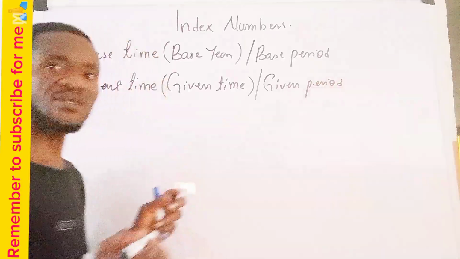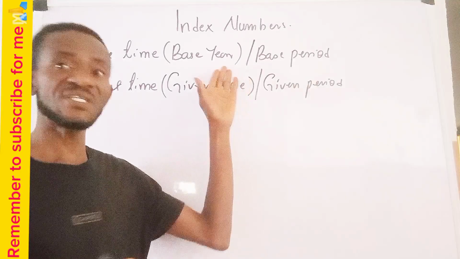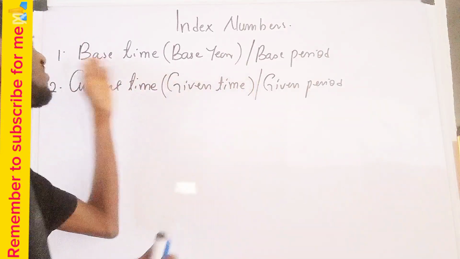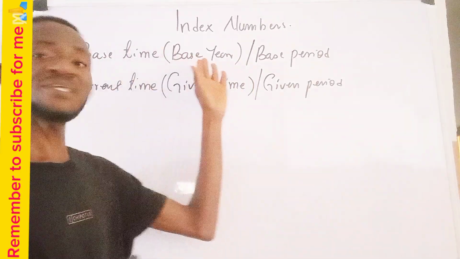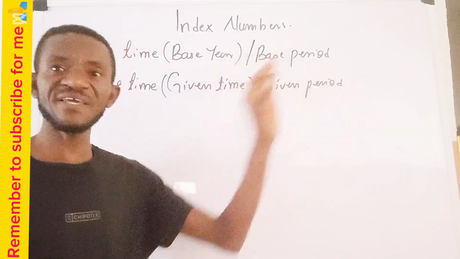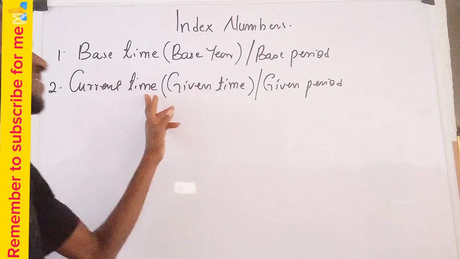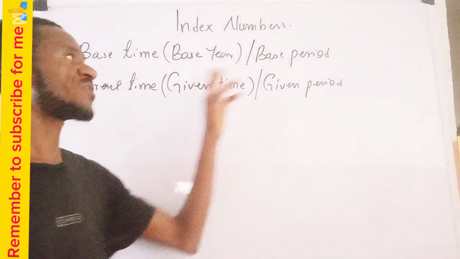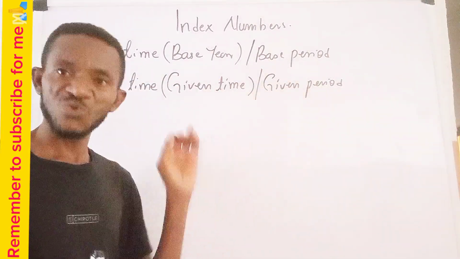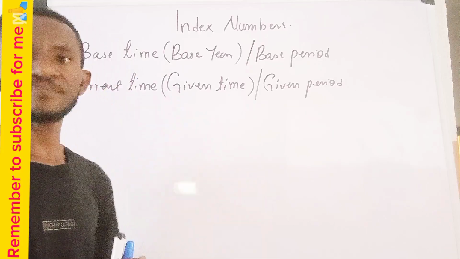So in the study of index numbers, all these parameters mean the same thing. One can say base time, another can say base year, and another can say base period. They are making reference to the same thing. You can equally talk about the current time, the given time, or the given period. You are equally making reference to a particular thing.